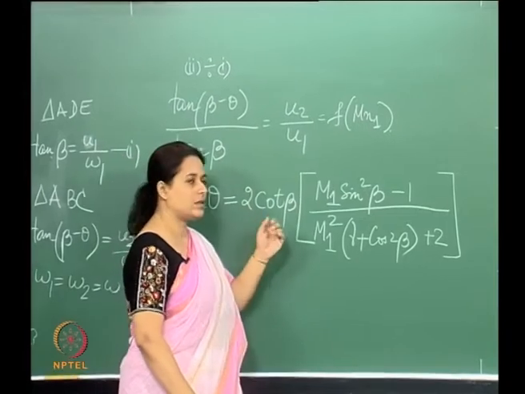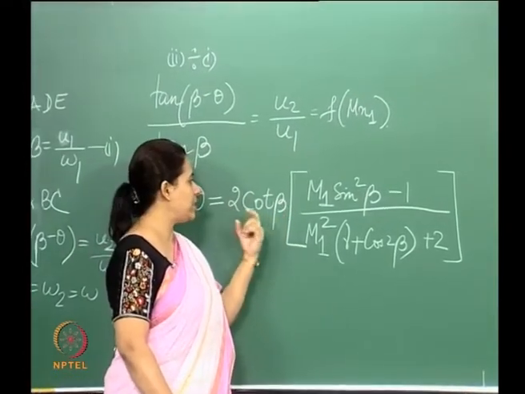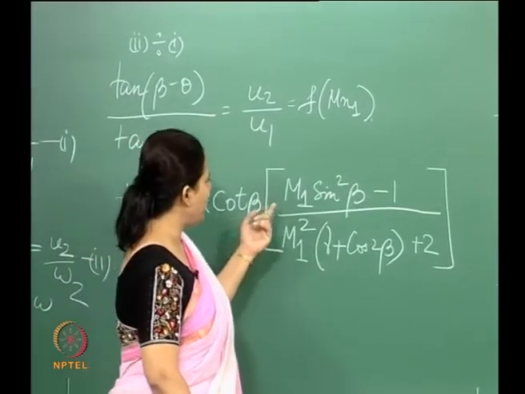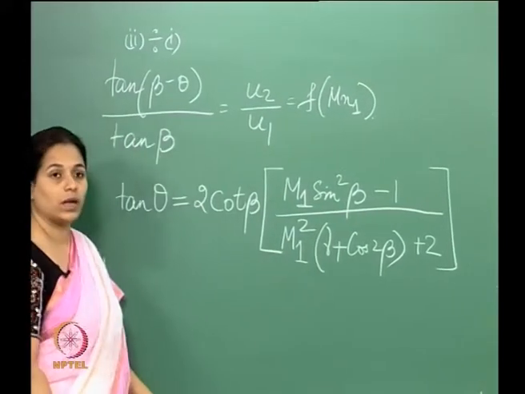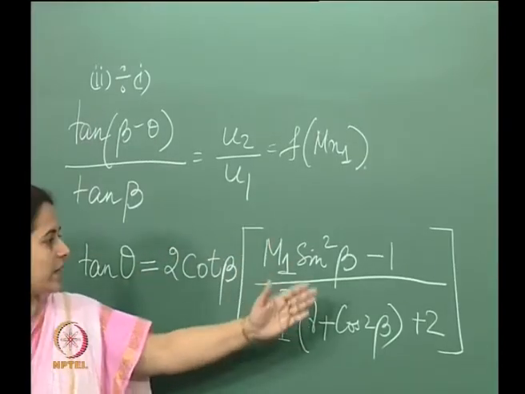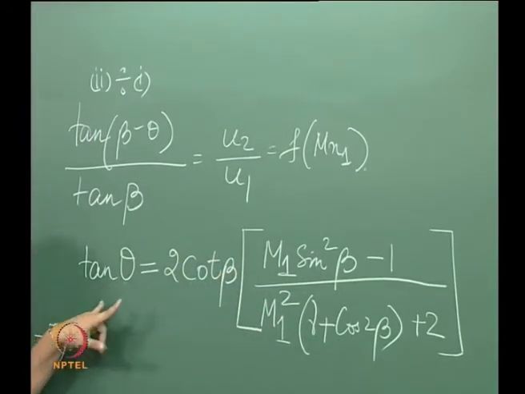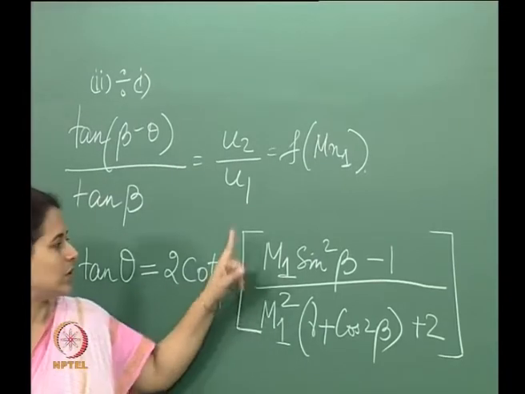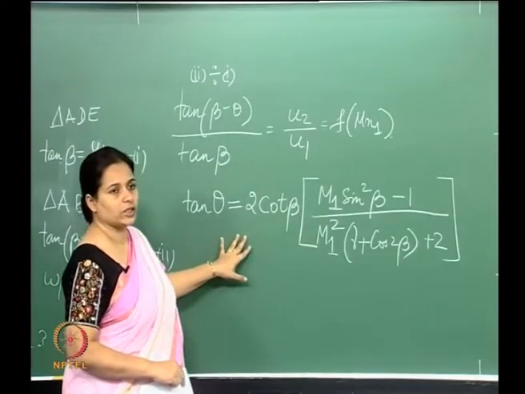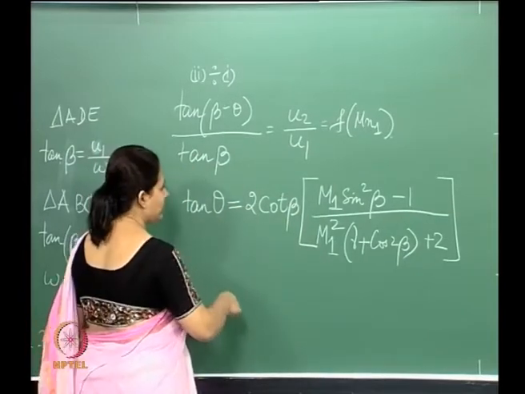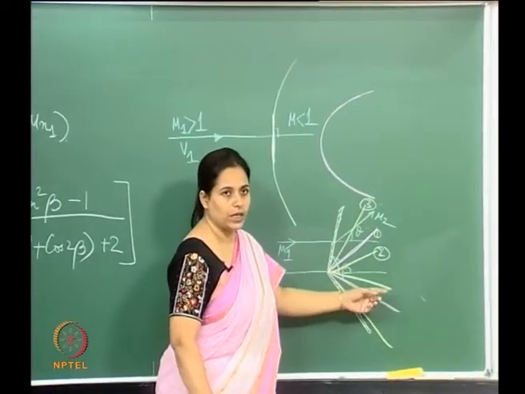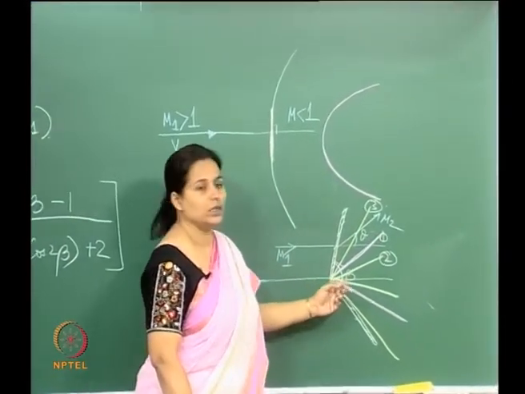Beta is the angle of the oblique shock, and M1 is the impinging Mach number. So the geometry of the shock is connected with the impinging Mach number, and if we change theta, there will be a corresponding change in beta.